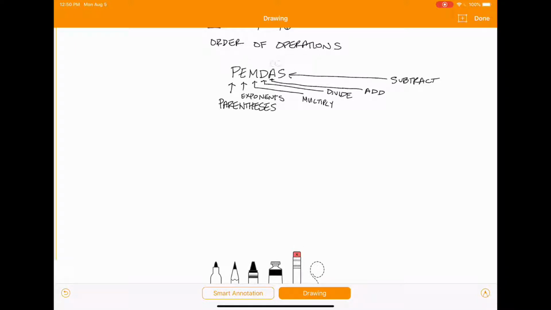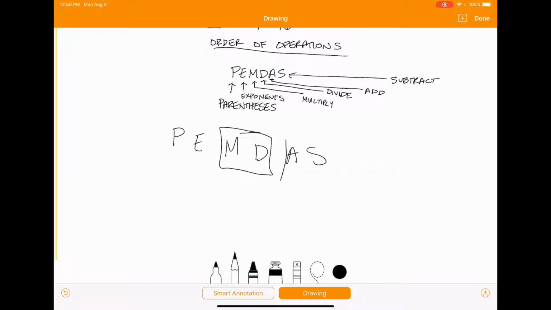Now, there are a couple things that you have to remember about this. If you are going to use this acronym, it isn't foolproof. So these are grouped together and these are grouped together as one. So you don't necessarily do all your multiplication before you divide, but you're going to do your multiplication and divide in the same step, and you're just going to evaluate it from left to right.